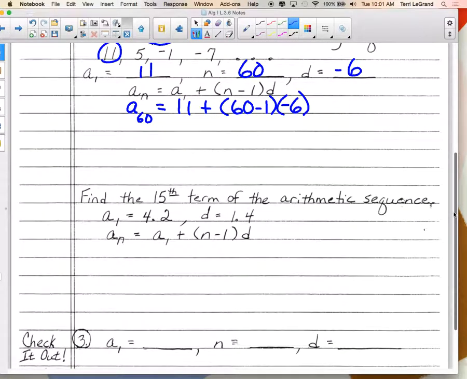Okay, a sub 60. Are we going to add 11 to that 60 minus 1, or what are we going to do here? No. 11 plus 59 times -6. Don't try to do too much at once. So notice, we want the 60th term. This is saying 59 times you would have to subtract 6.